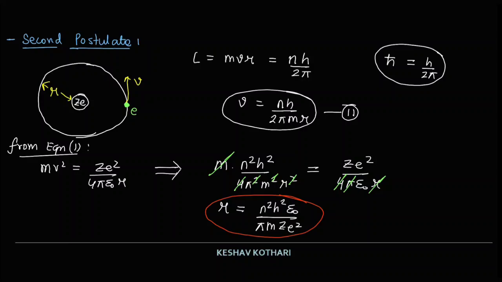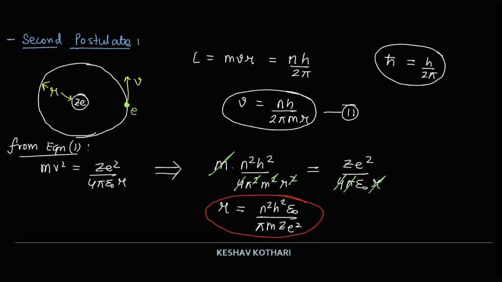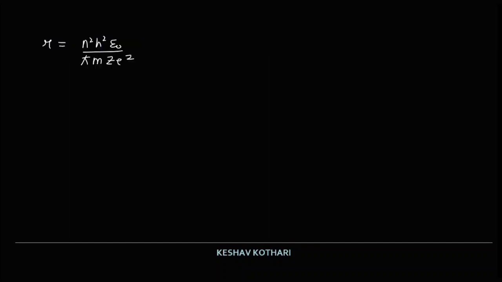If we look at this expression, that r equals n square h square epsilon naught upon pi m z square, we can say that this value has all these as constants.